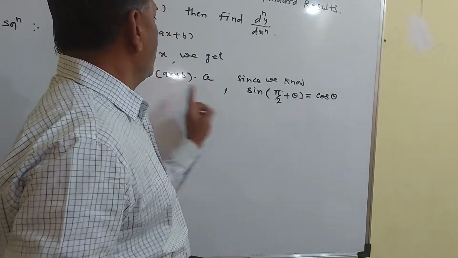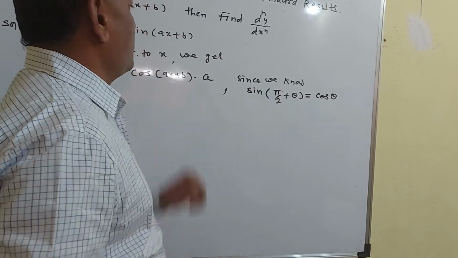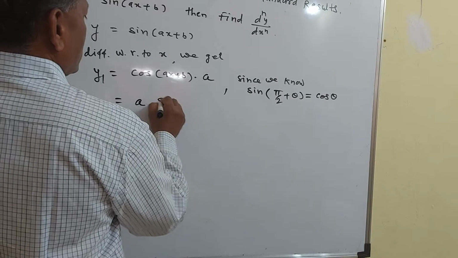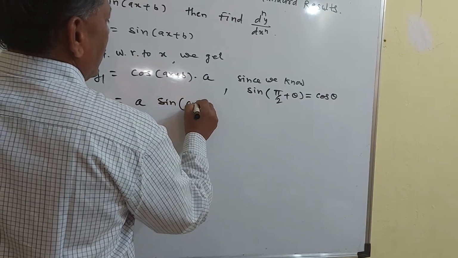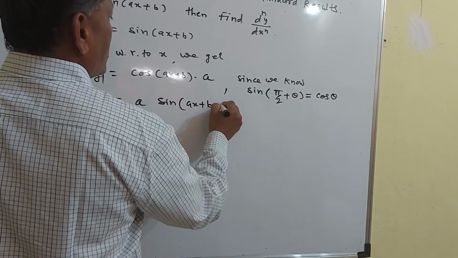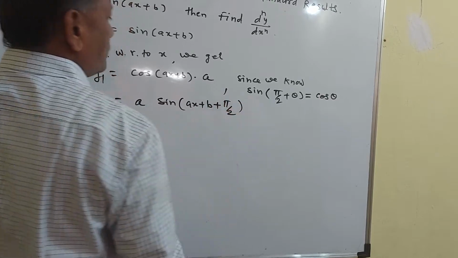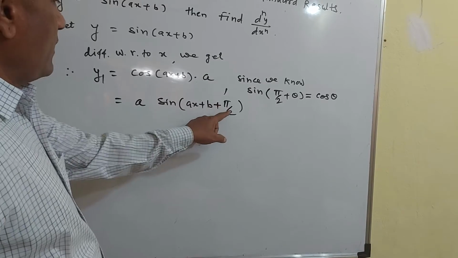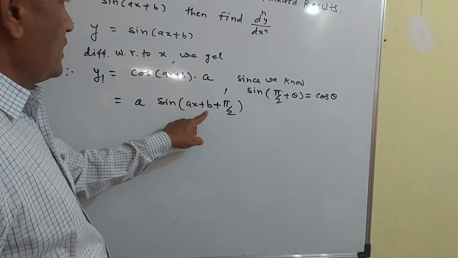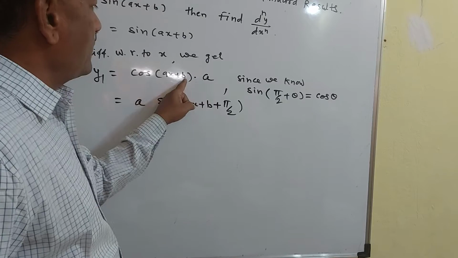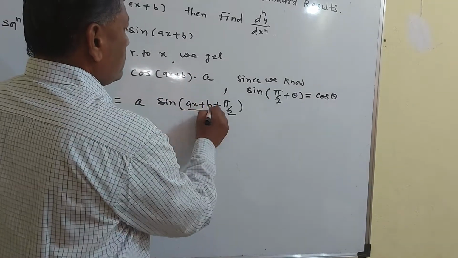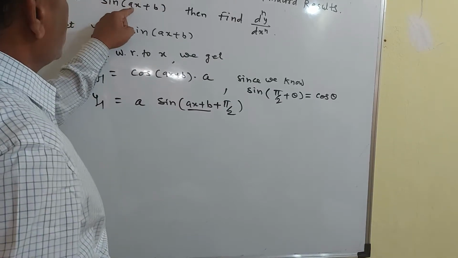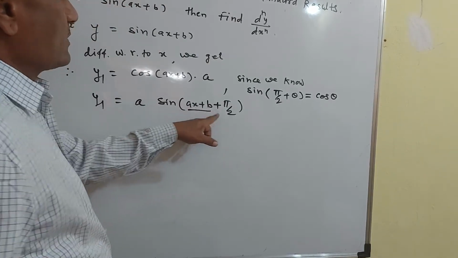Cos theta, here suppose theta is equal to ax + b. So this can be written as a into sine of (ax + b + pi by 2). So the first derivative of y is equal to a into sine of (ax + b + pi by 2).